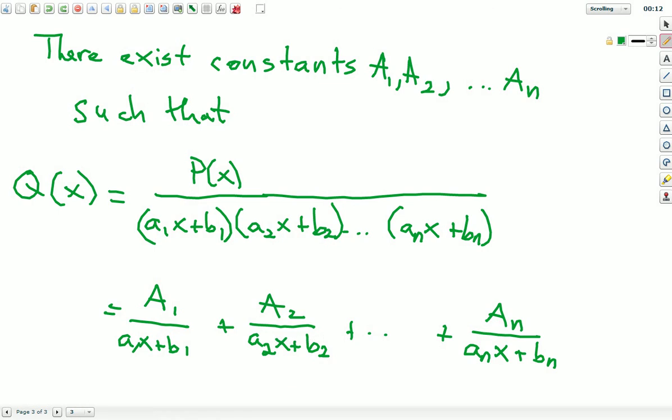Okay, so bottom line, partial fractions method takes a particular rational function, in this case one whose denominator is a product of unique linear factors, and basically this method will help us rewrite this original fraction as a sum of fractions whose denominators are simple linear polynomials.